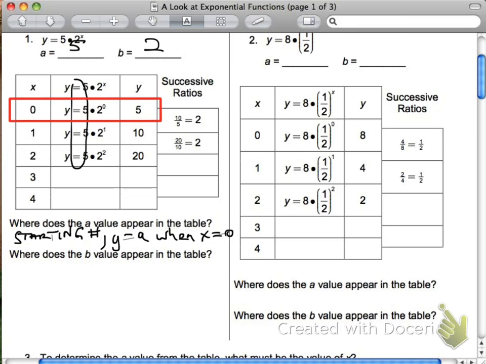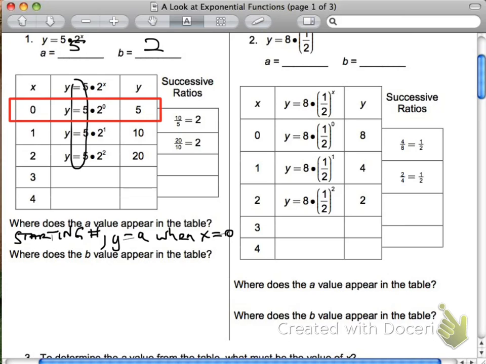Yes, that's true. Exponential or not, if X is 0, that point is on the Y-axis. It doesn't matter if it's exponential, quadratic, or a sine wave or anything else. So yes, that would be a great observation that your A value is your Y-intercept. We'll talk more about that in a second.